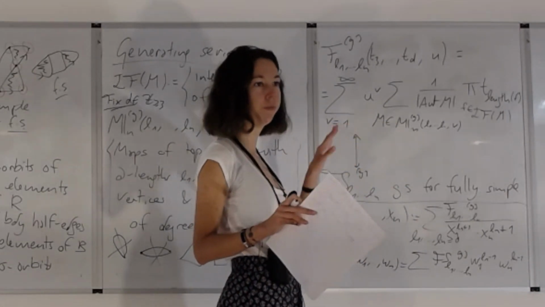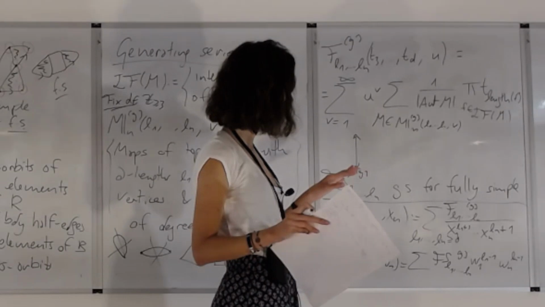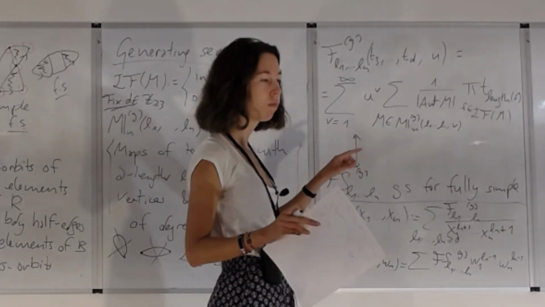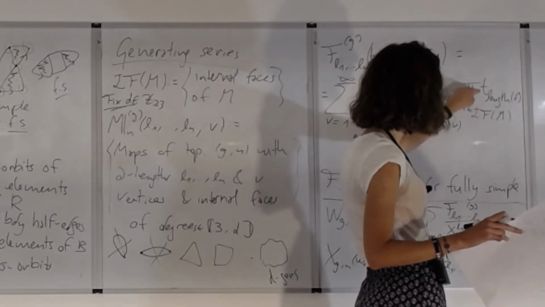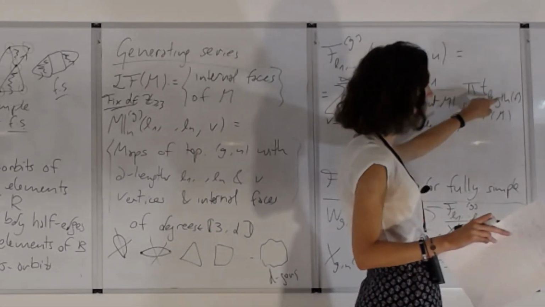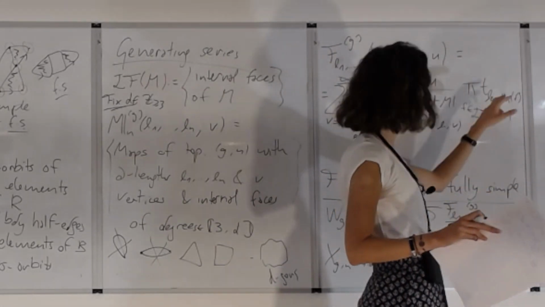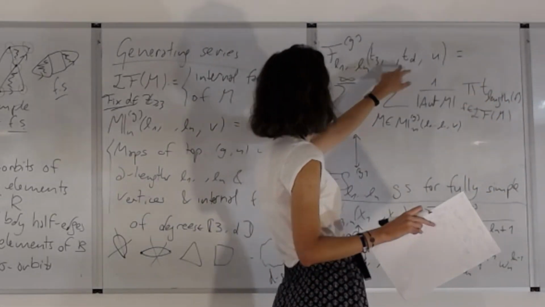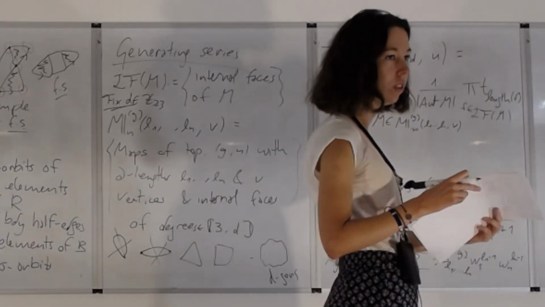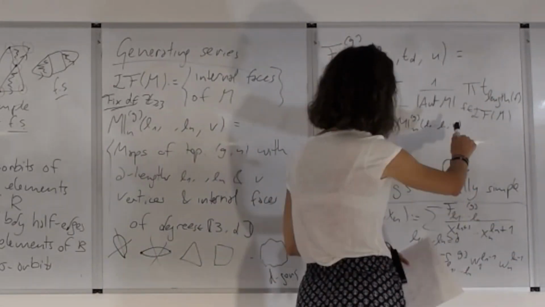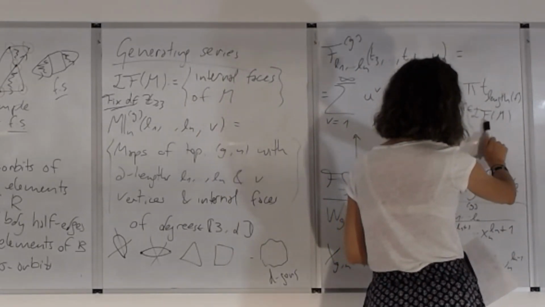And in the upper one, what is the product of what? The very last thing below. This is the product of t_k, and the k's are the lengths of the internal faces. So these are just parameters that count how many internal faces of every degree you have. Sorry, this is f running over internal faces of M.